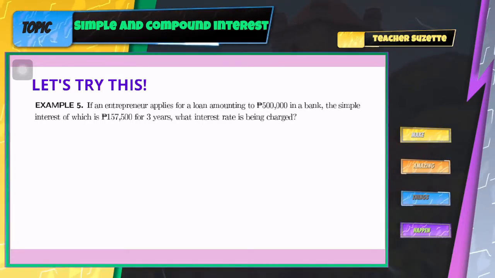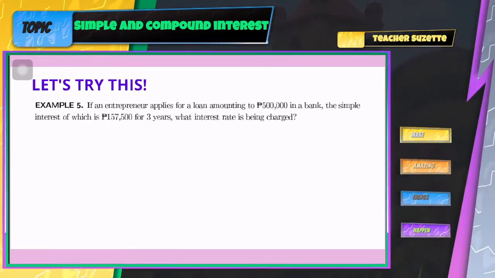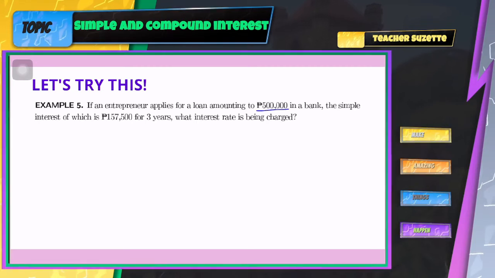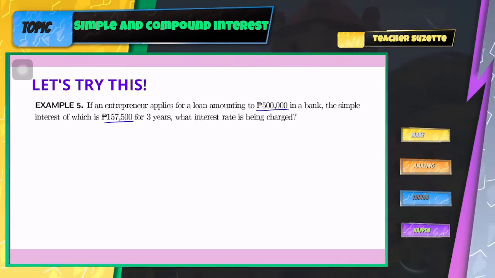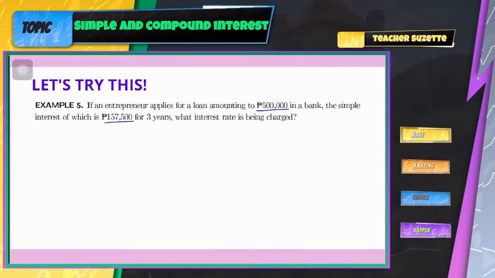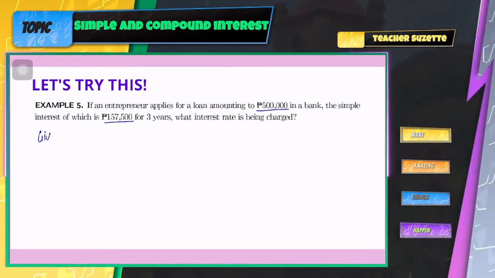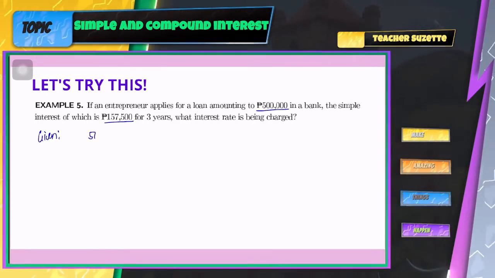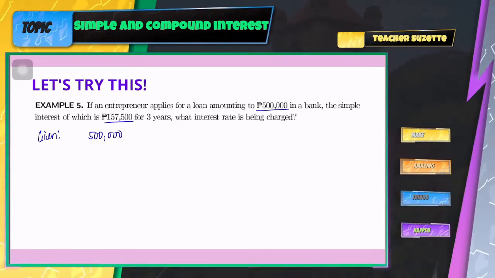If an entrepreneur applies for a loan amounting to 500,000 in a bank, the simple interest of which is 157,500 for 3 years, what interest rate is being charged? So list down first our given. So we have 500,000. Ito yung kanyang principal amount na inutang.